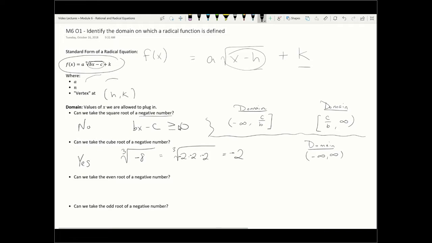Right? So if we had, say, the function square root of negative 2x plus 5, we set that negative 2x plus 5 greater than or equal to 0.